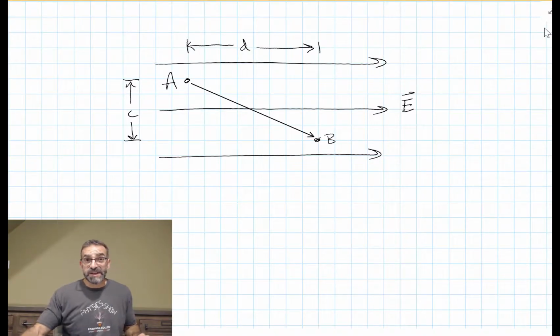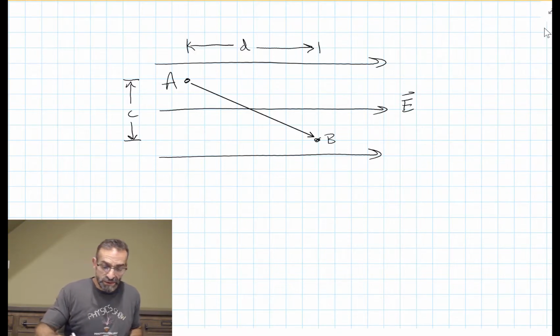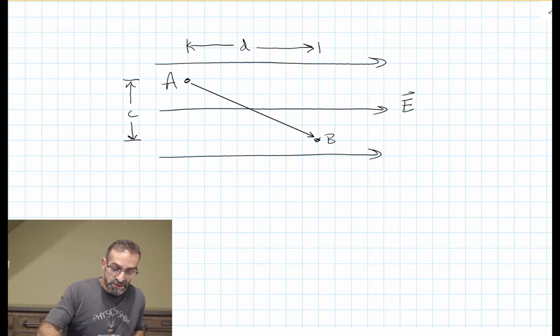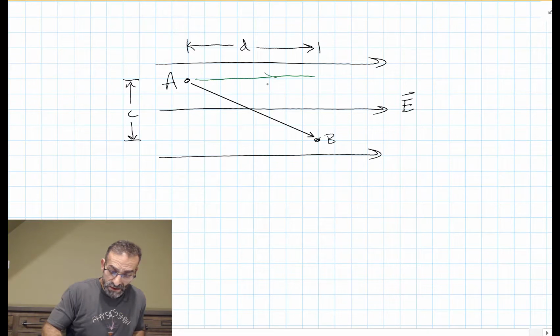And if we have this situation, we're moving from point A to point B in a uniform electric field. We want to take the straight line path from A to B. But we could take any number of other paths between A and B. We can take this path. We can take this path.